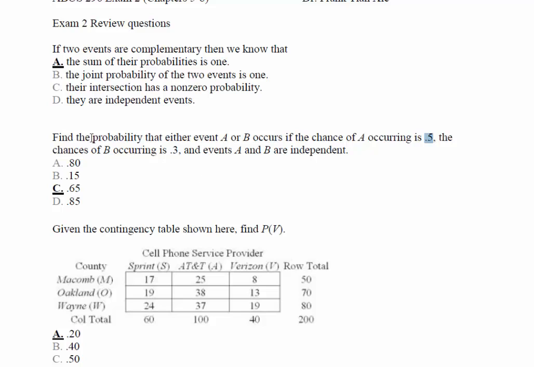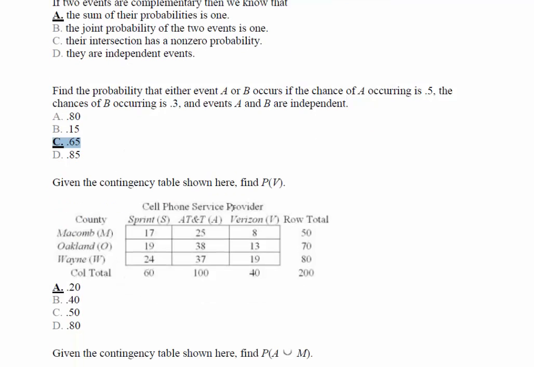So 0.5 plus 0.3 minus 0.15, that is 0.8 minus 0.15. That will give you 0.65. Therefore, C is the correct answer.